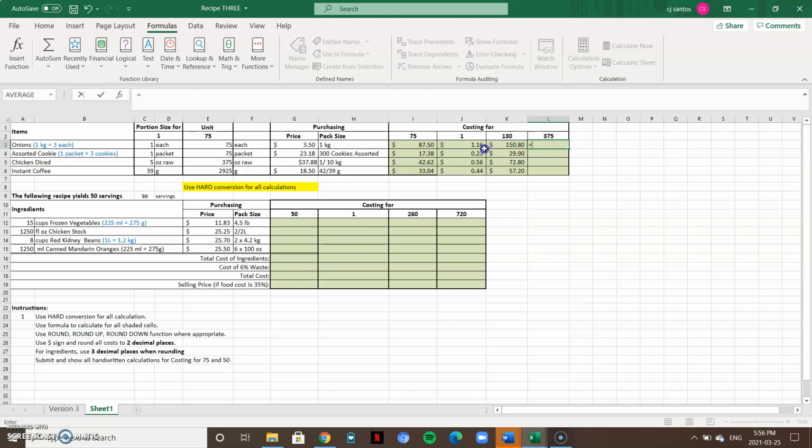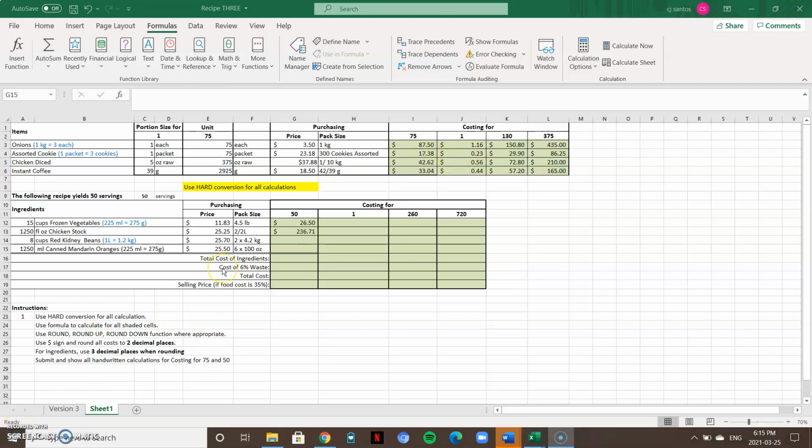Same thing for 135, get the costing for one, multiply that by 375, F4, so I can tell Excel that it is okay to put it in each equation. There you go. You would get all the answers for each ingredient and each costing.